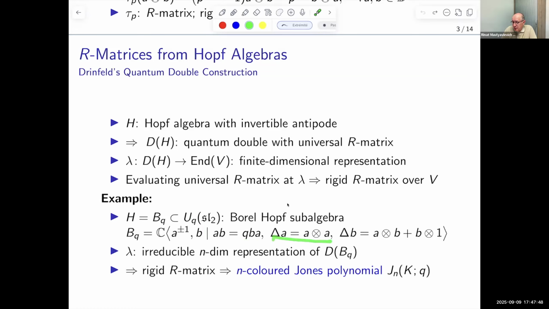A is group-like, and B is primitive, or skew primitive rather. Now you proceed with the second step, the construction of the quantum double, and then pick an irreducible n-dimensional representation. Then you will get a rigid R-matrix, and rigid R-matrices are suitable for constructing knot invariants. In this case, the outcome will be what is known as the n-colored Jones polynomial.